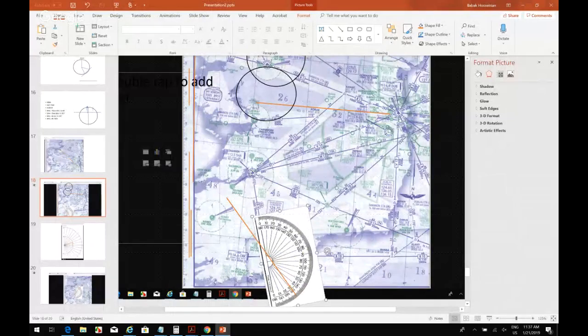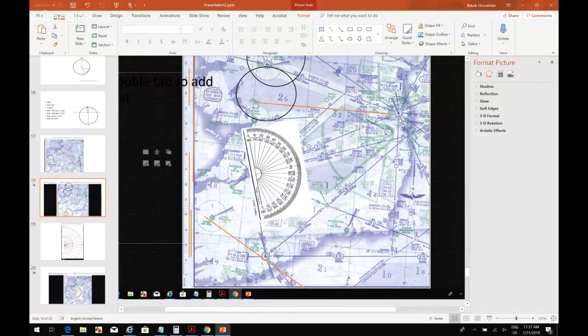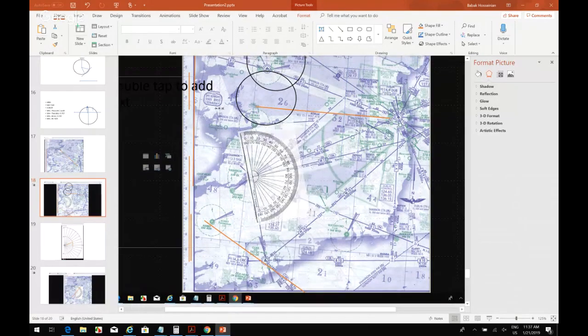And 137 is here. Something like that. We do another line from Shannon at 205. Reciprocal of 205 is 025.